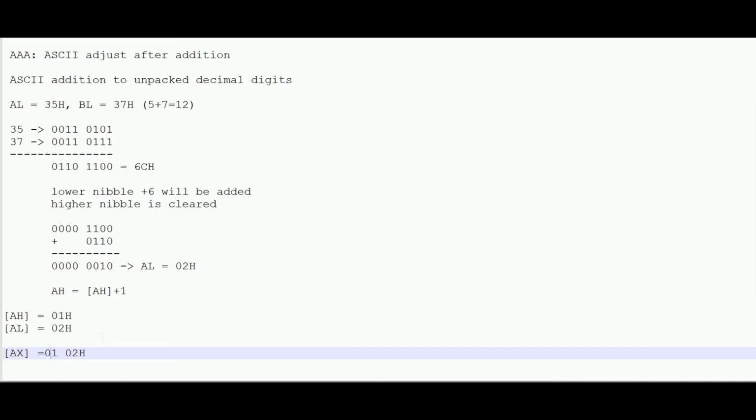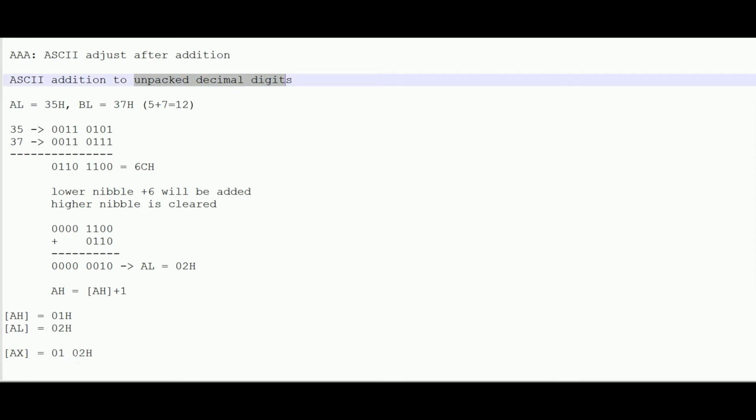Right? Now let us have a look at this result. If you see, after the AAA instruction, the content is stored as unpacked decimal digits. So this means 02 is basically the digit 2 and 01 is basically the digit 1. So the final answer is 12.